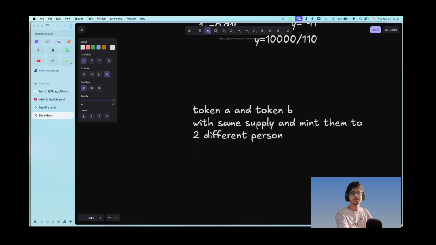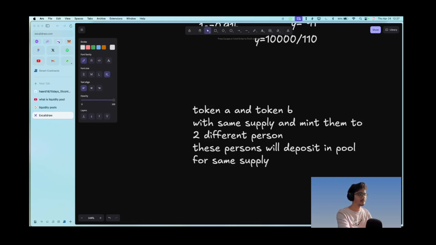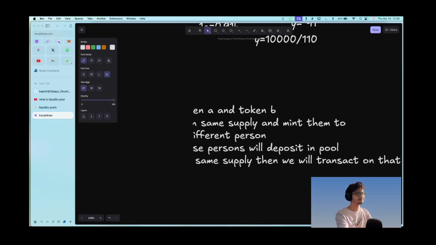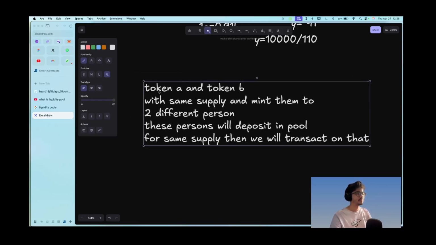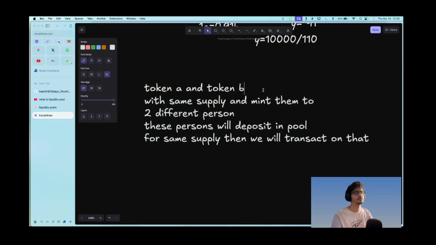These persons will deposit the same supply in the pool. Then we will transact on that. This is fundamentally what we are trying to achieve today. So let's start with the first thing, token A and token B.